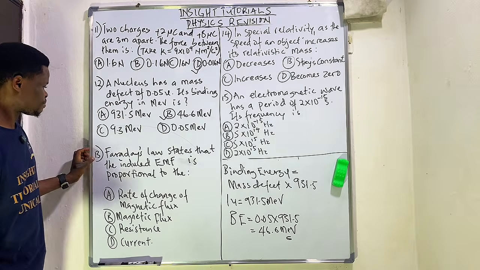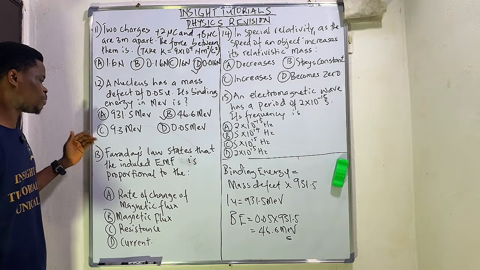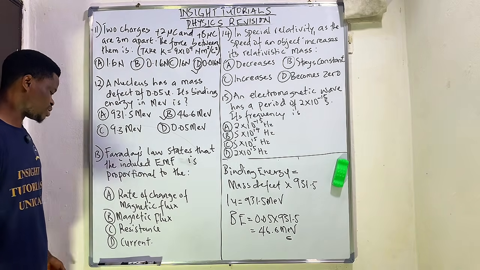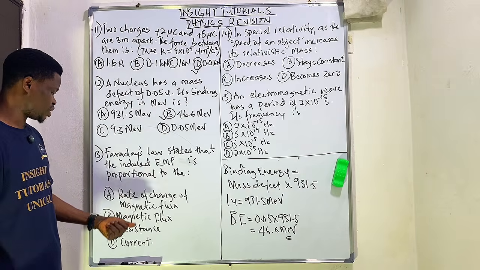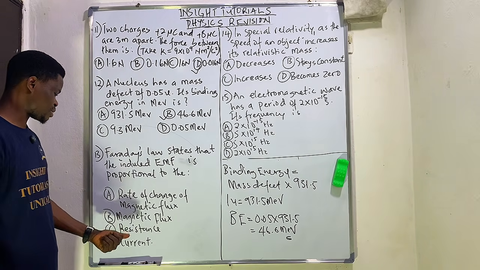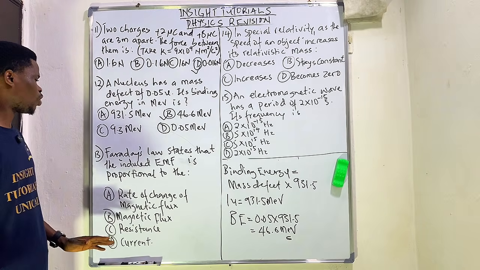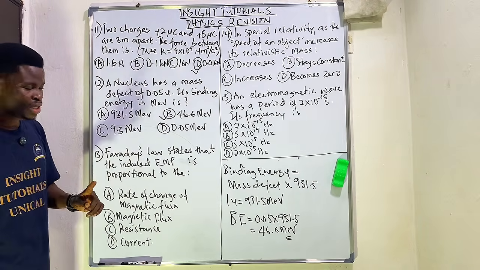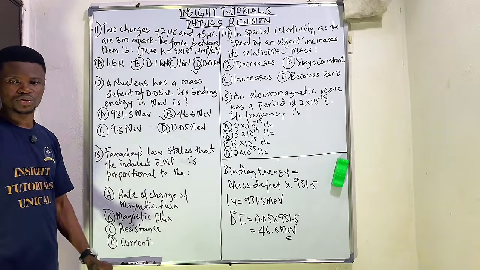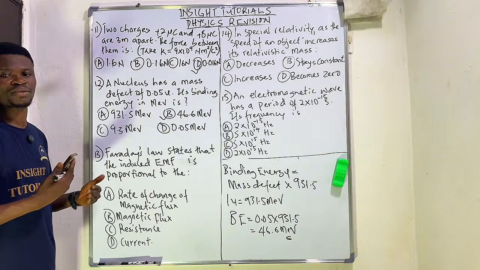Next question says that Faraday's law states that the induced electromotive force is proportional to the dash. A says the current, B says the rate of change of magnetic flux, C says magnetic flux, D says resistance. For there to be an induced electromotive force, there must be a change in the magnetic flux.